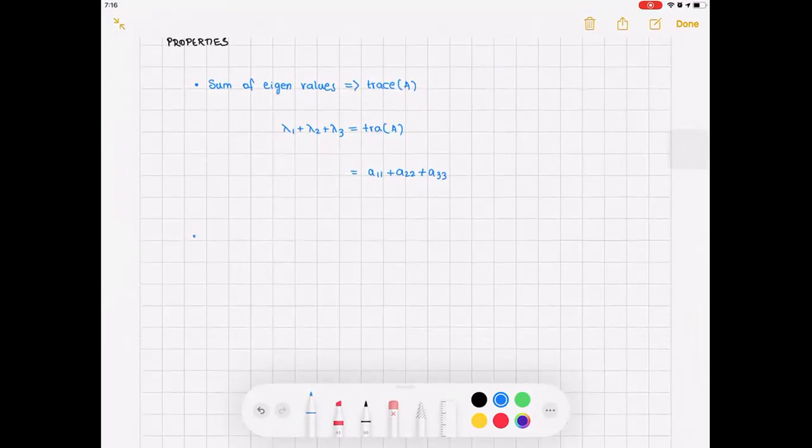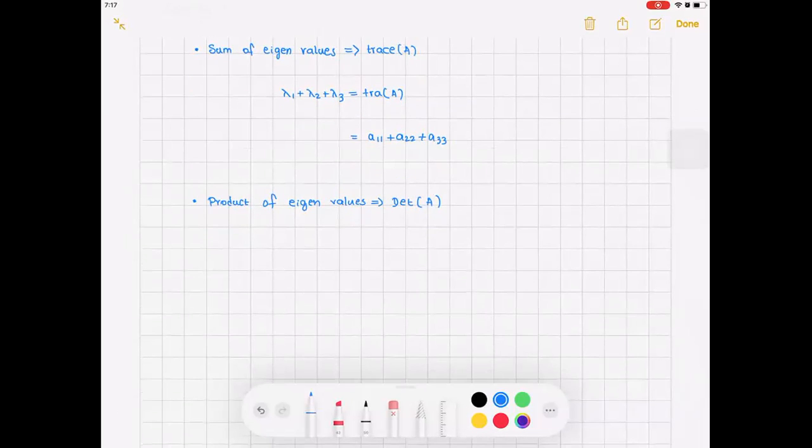And determinant, another important property: this is the sum of the eigenvalues, and the product of eigenvalues is nothing but the determinant of the given matrix A. Therefore lambda 1 multiplied by lambda 2 multiplied by lambda 3 is equal to determinant of A. These are the two very important properties of eigenvalues.